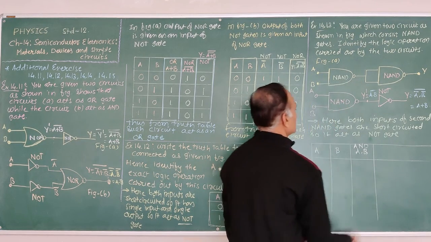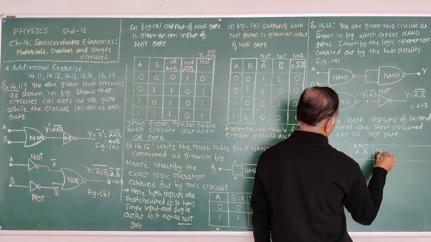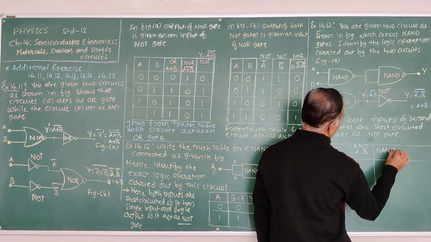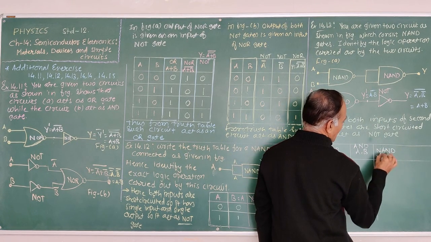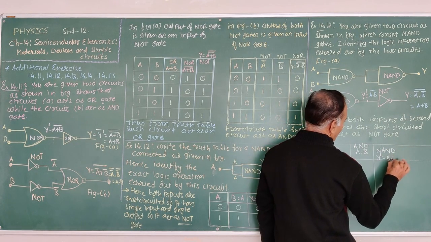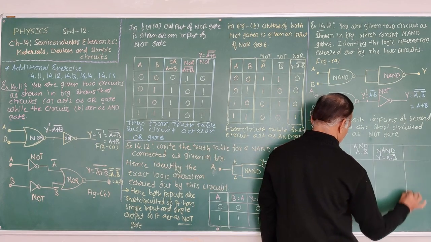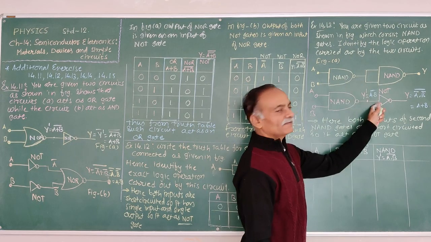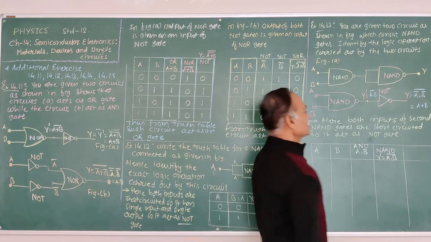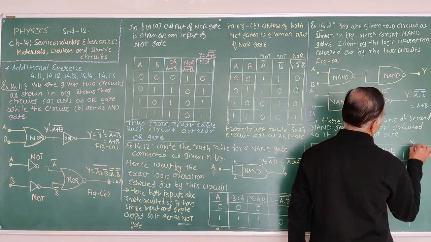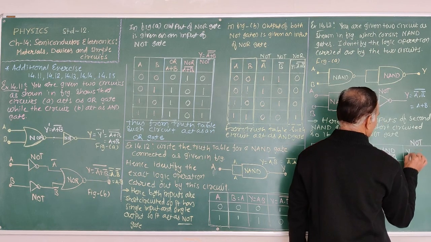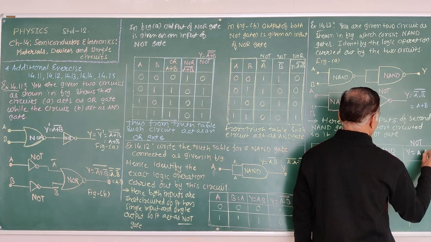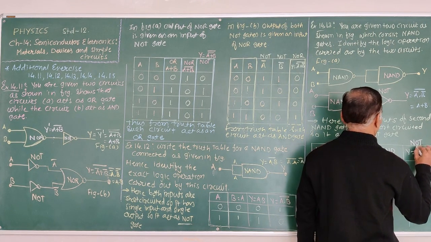After that, for the NAND gate, the Boolean equation is Y dash is equal to A dot B bar. This output is given as the input of a NOT gate. Therefore, the final output of the NOT gate Y is equal to A dot B bar, whole bar.